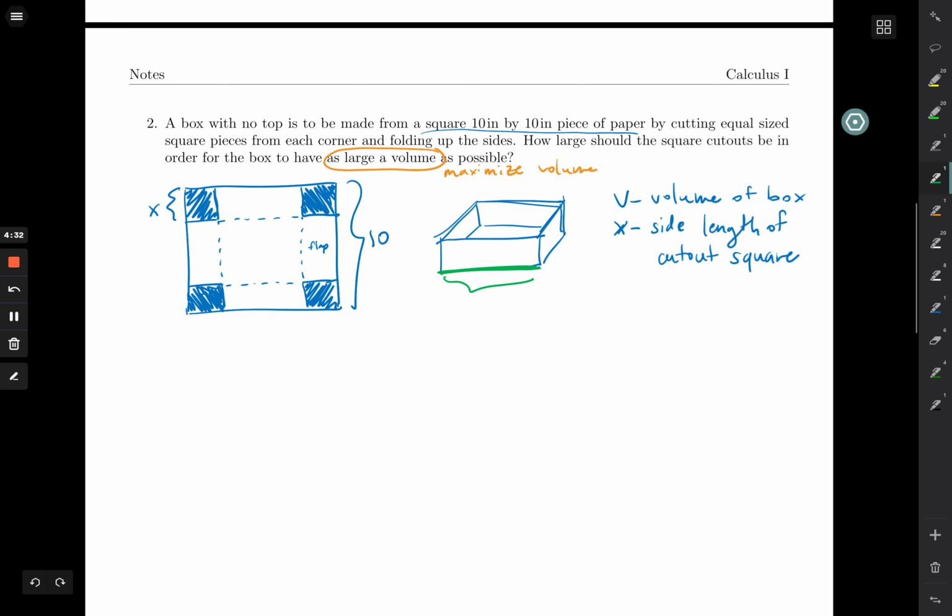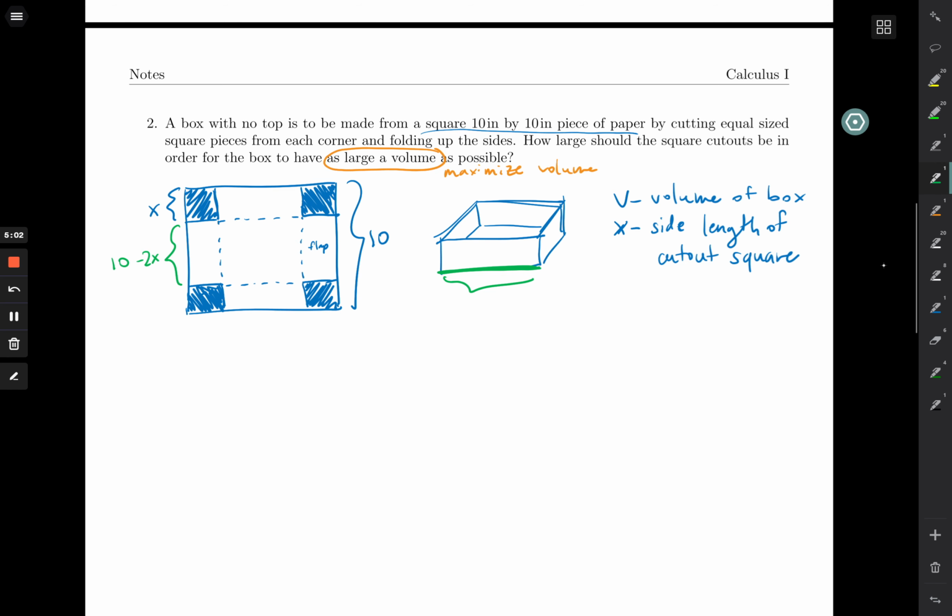This length right here that I'm interested in for computing the volume of the box is really just the length of this flap, right? So instead of being 10, it's going to be 10 minus the length of the cutout square, so that's X, minus another X down here. So it's actually going to be 10 minus 2X. That's going to be the length of the flap.